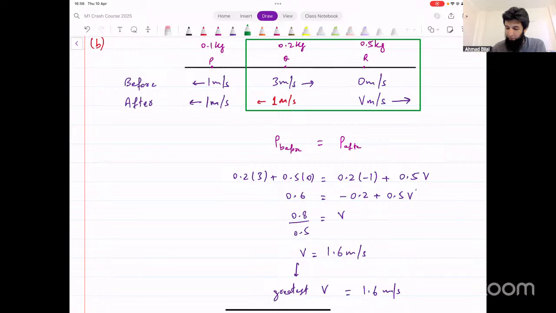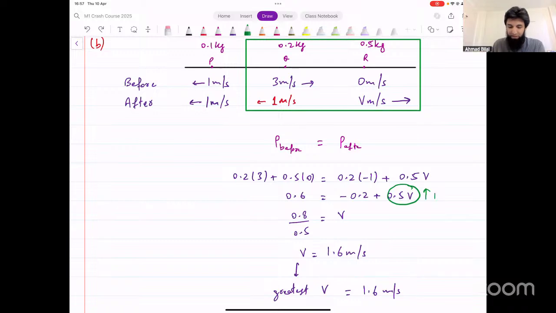If this value of V was to be even slightly bigger than 1.6, so if the momentum for R was to be greater than this, when would it be greater? It would be greater if V was to be more than 1.6.